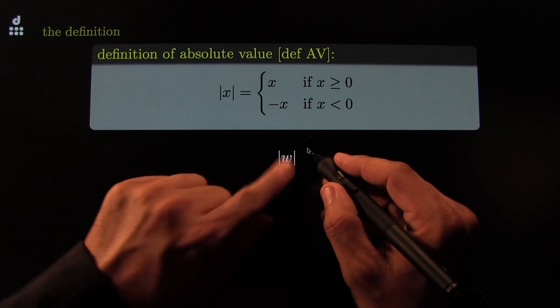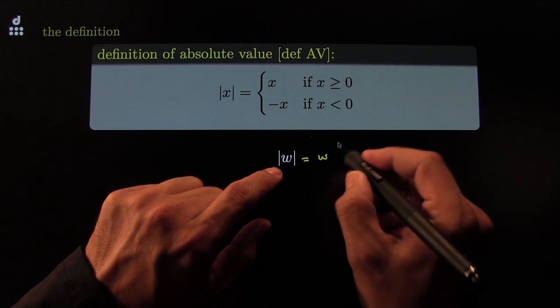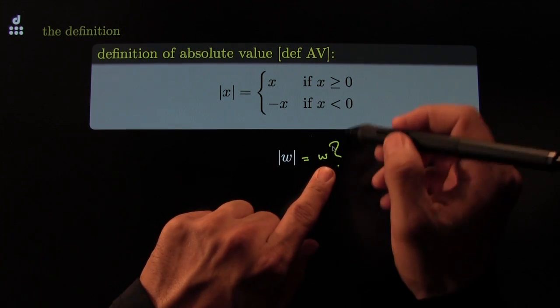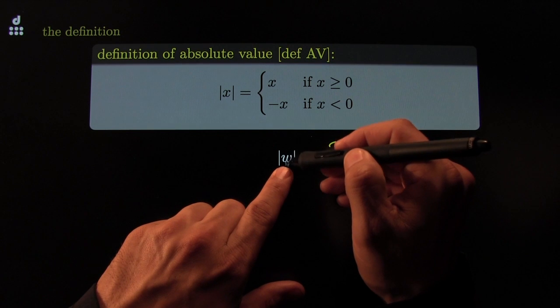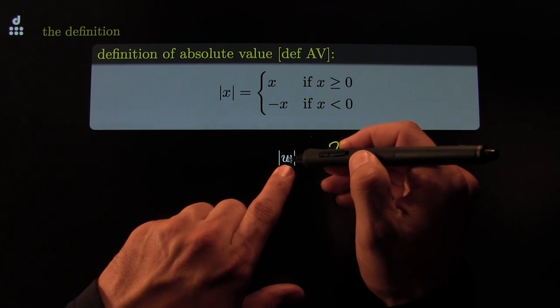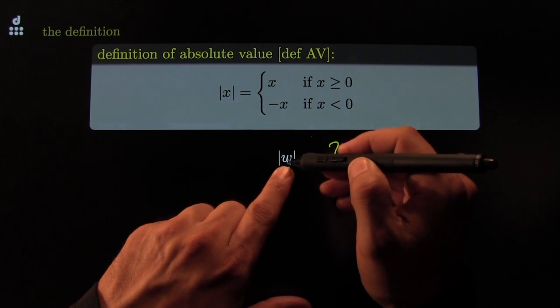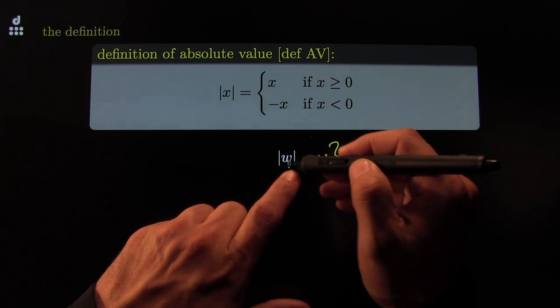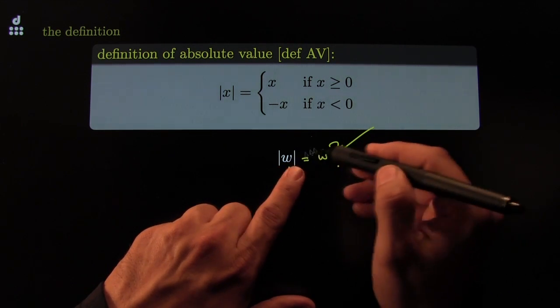You should be cautious here. When somebody gives the absolute value of w, you don't know if it's just w or not. That's up for debate, because for us in our class, these variables, these letters usually represent real numbers. Trouble is, we don't always know which real number it represents. So if it happened to represent a positive number, then w would be correct, and we'd be done. There's nothing to do.